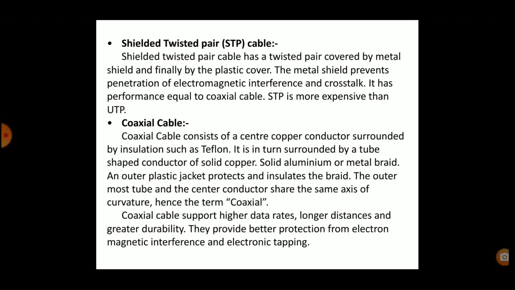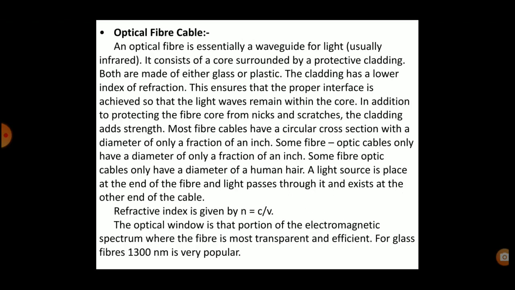The outermost tube and the center conductor share the same axis of curvature, hence the term coaxial. Coaxials support higher data rates, longer distances, and greater durability. They provide better protection from magnetic interference and electronic tapping.